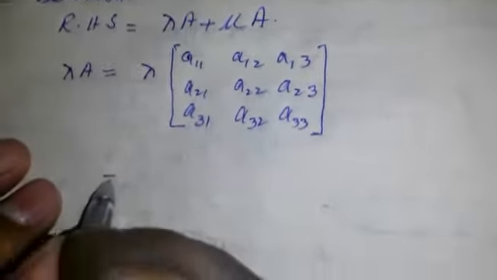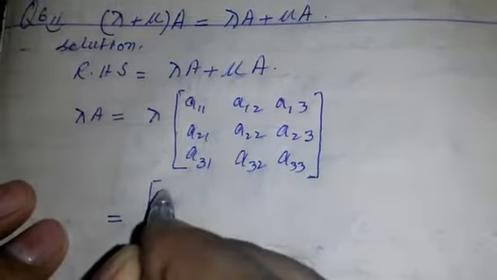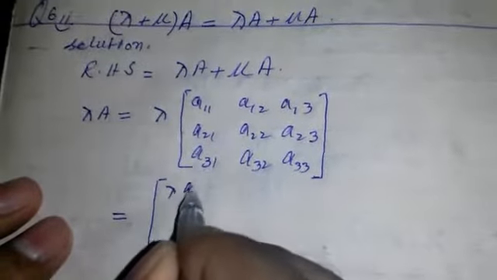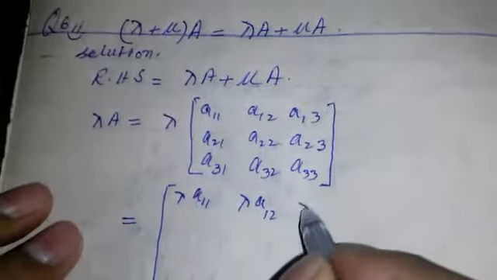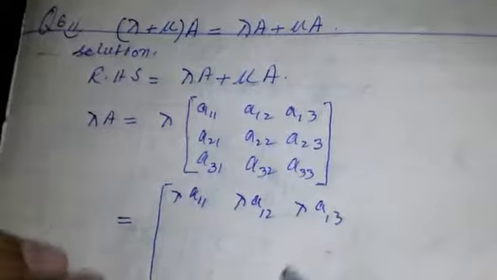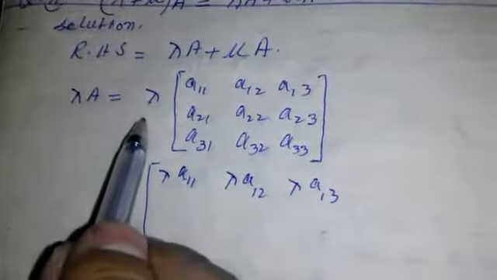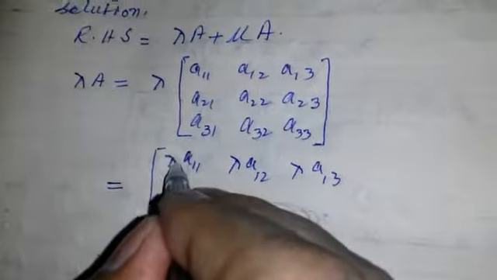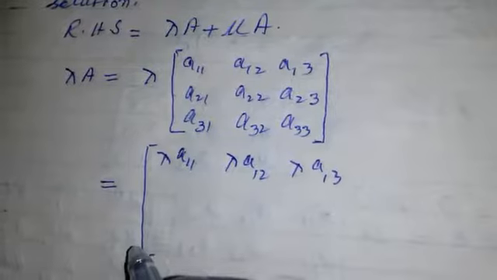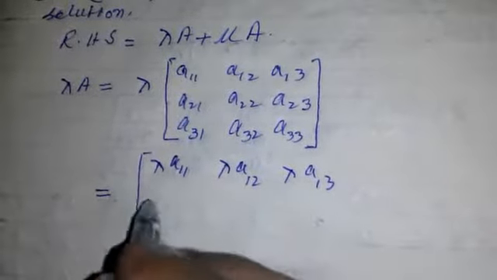So this is equal to lambda A11, lambda A12, lambda A13. As I told you in the last part, if a scalar multiplies a matrix, then that scalar multiplies with each element or each entry of the matrix.